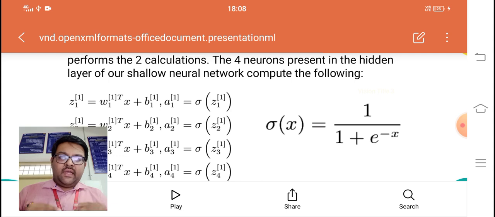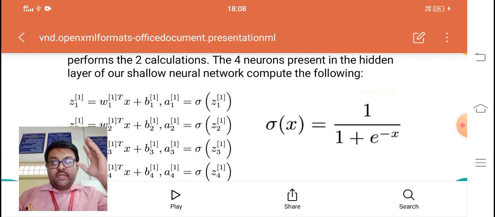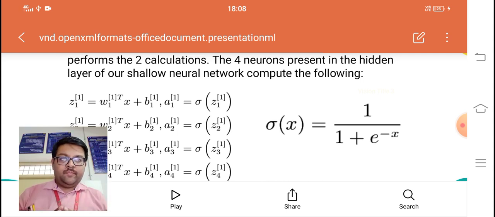So instead of writing equations for each and every neuron, we can have a general equation for a layer which will consolidate the Z value and A value of all the neurons present in that layer.